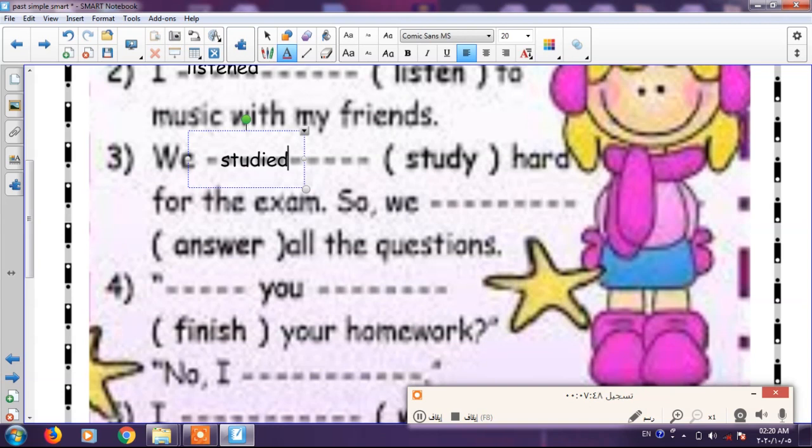So we answer all the questions. Here I will turn the verb answer into the past simple. I will add ed to the verb. So answer will become answered. So we answered all the questions.